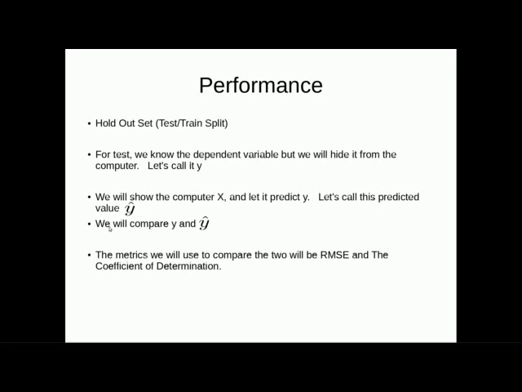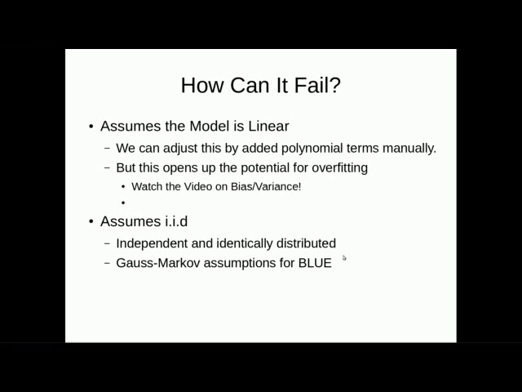Then to estimate performance, we're going to compare y and y hat. The metrics that we use to compare the two are going to be RMSE, which is root mean squared error, and the coefficient of determination. And I'm going to cover that more in another video in just a minute.